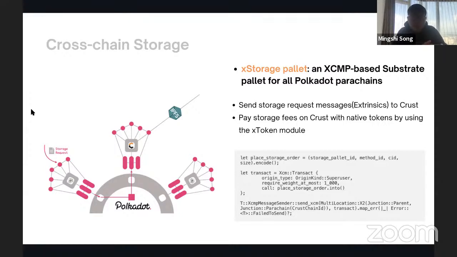So in the very near future, users on different Polkadot parachains will be able to place storage orders on Crust Network to store their files and pay storage fees through this very user-friendly and very easy operation.